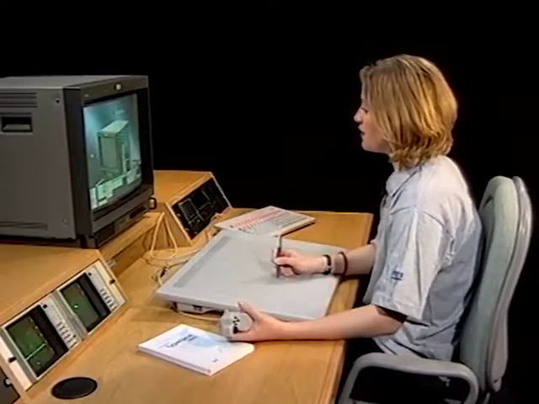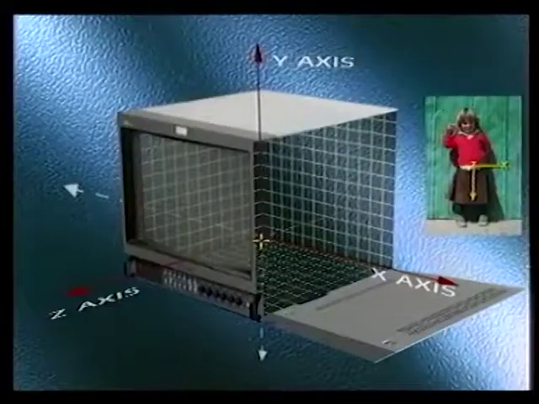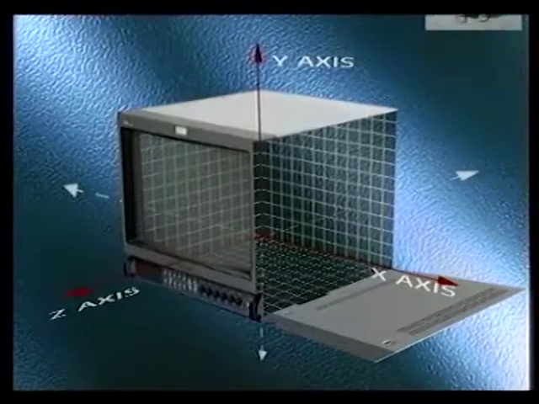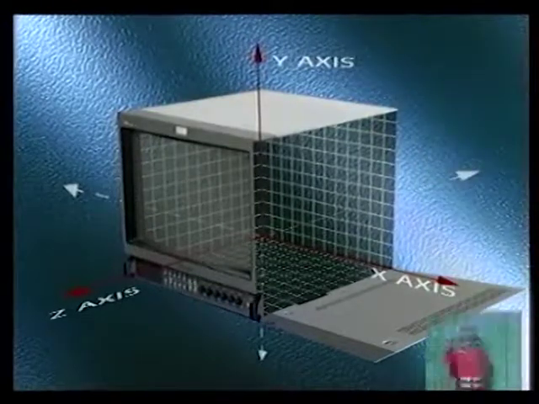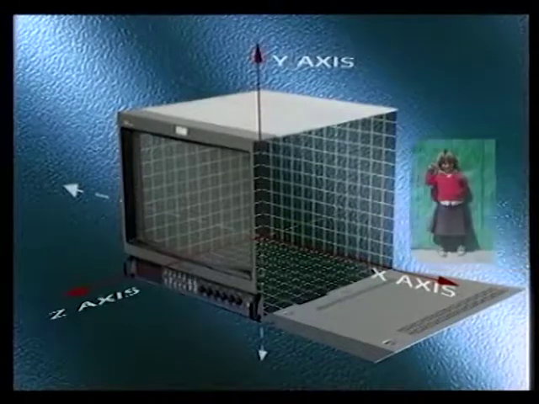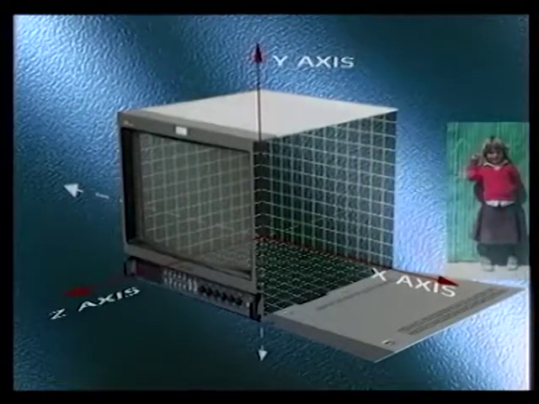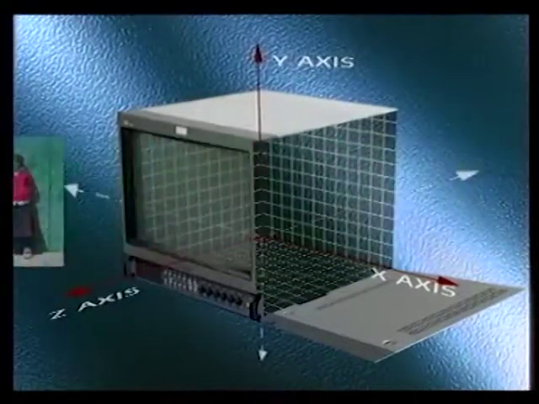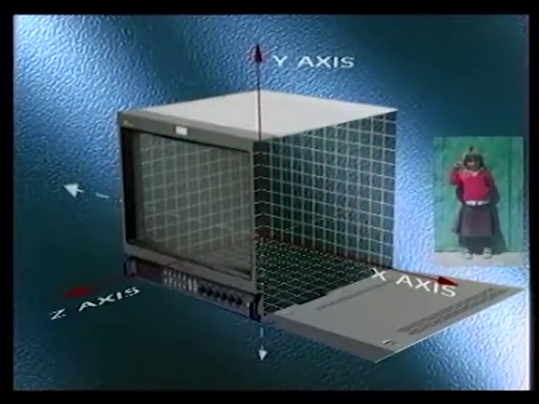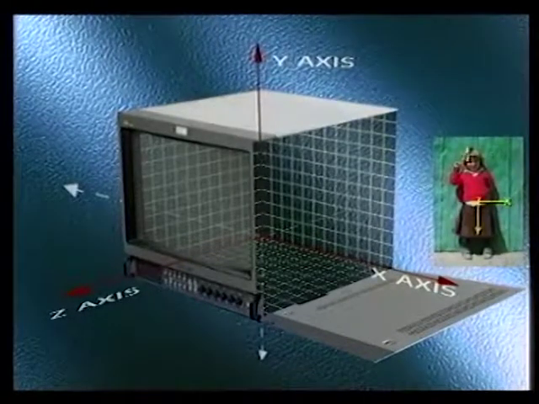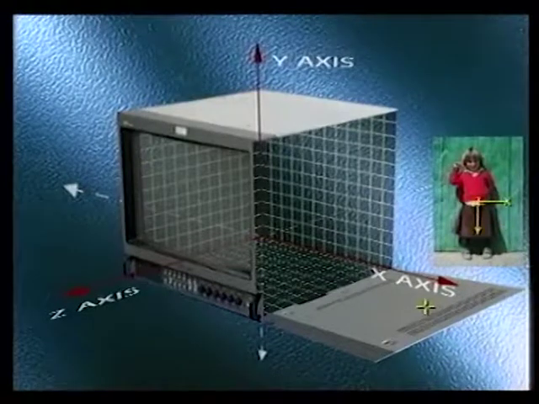As we can see from this picture here, the Y-axis will move to the top and to the bottom of the screen. The Z-axis will move in and out of the screen, and the X-axis will move from left to right.